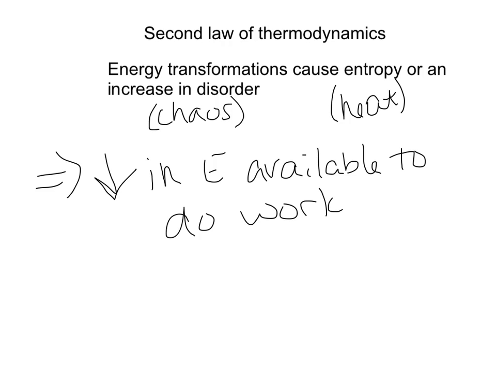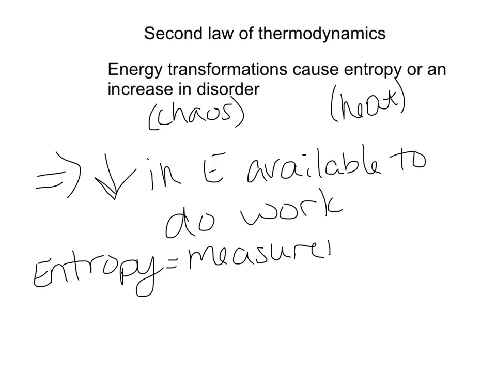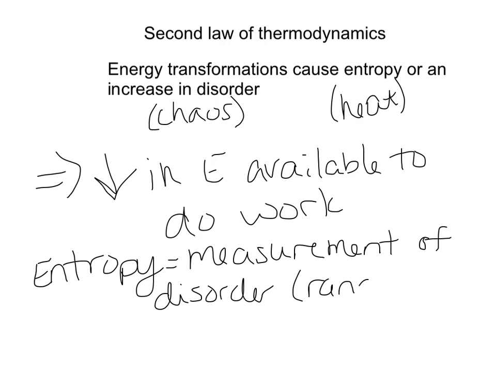Okay, so entropy in general is going to be our measurement of disorder or randomness. You'll see this on graphs sometimes. They'll measure the entropy. So chaos, disorder, randomness, you can use all of those to describe entropy.